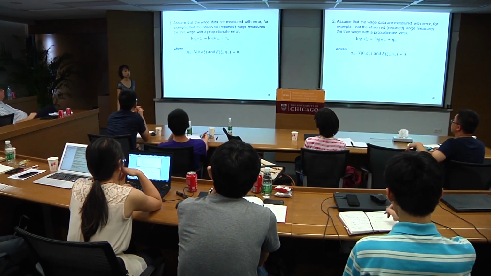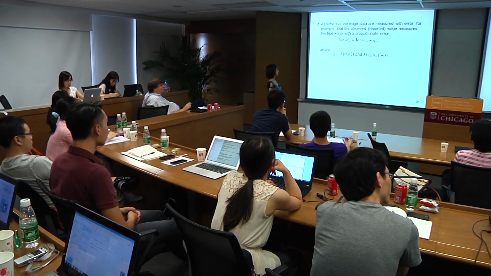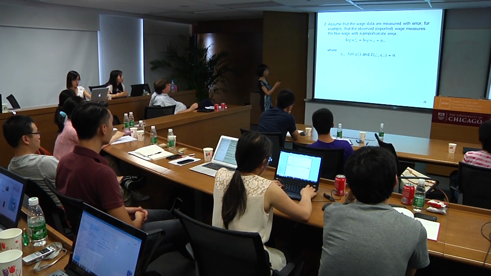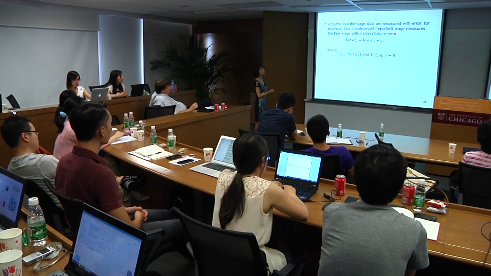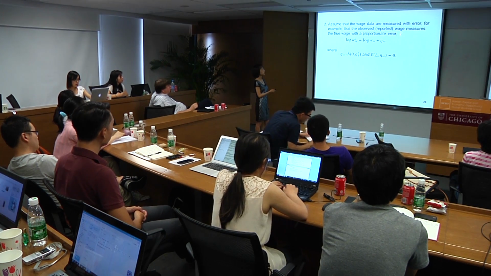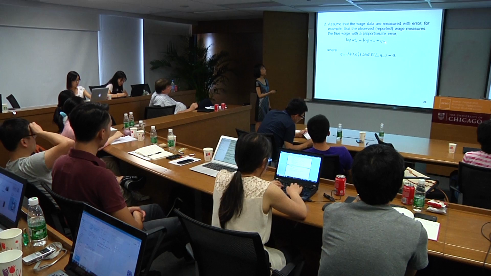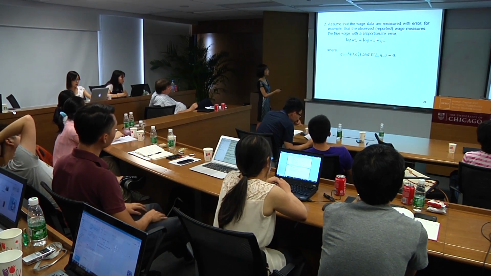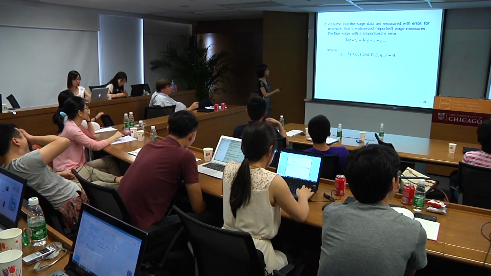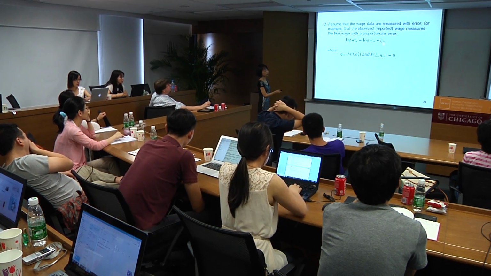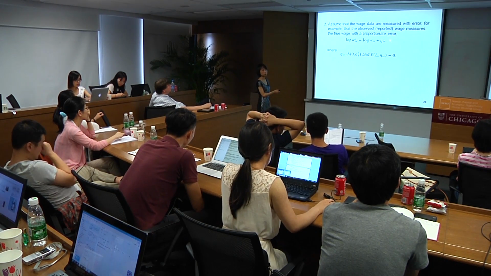And there's always measurement error. For example, we can assume that the observed or reported wage is not the true wage. It's the true wage with some error. So this is your true wage, this is your observed wage, and this is a measurement error. This eta is not in your model.